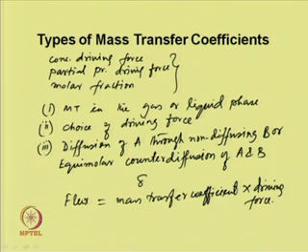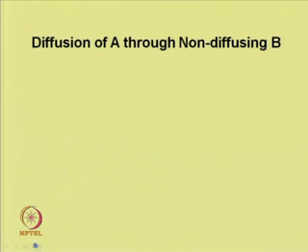Let us consider the case of diffusion of A through non-diffusing B. How to calculate the mass transfer coefficient?